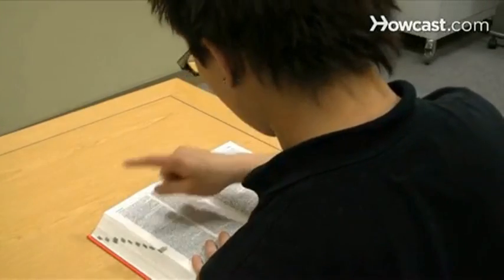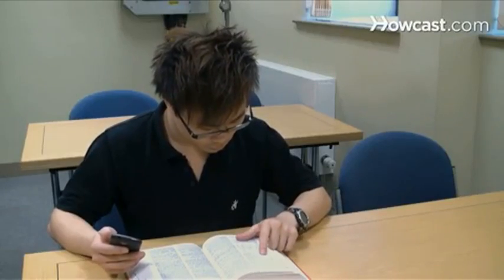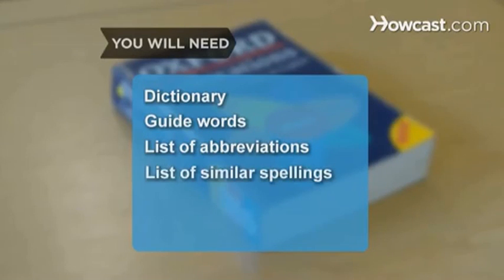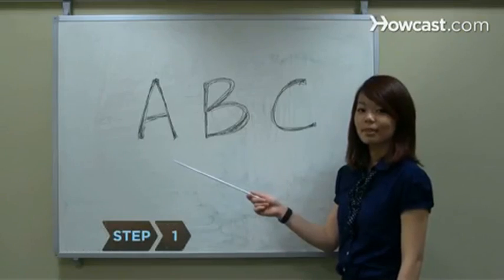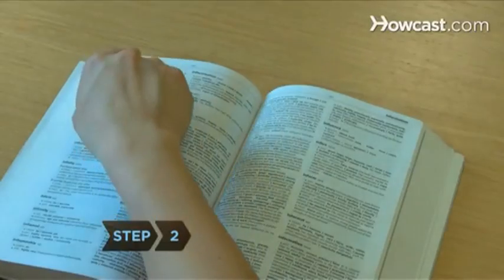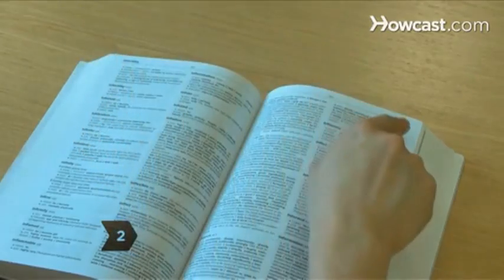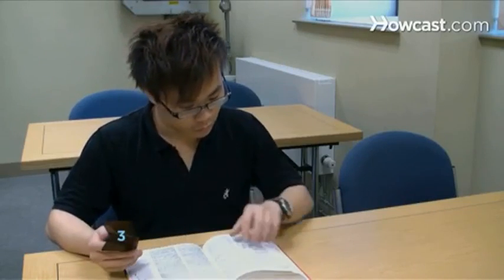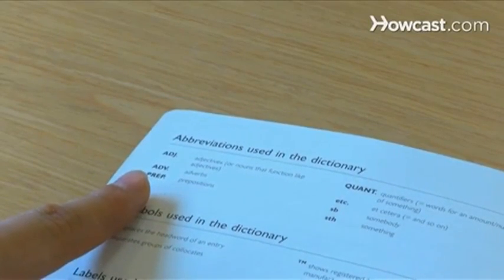A dictionary is one of the most valuable tools available for improving your English language skills. Here are some ways to maximize a dictionary's usefulness. You will need a dictionary, guide words, a list of abbreviations, a list of similar spellings, an appropriate definition, and pronunciation symbols. Step 1. Become adept at navigating through the alphabet. The words in the dictionary are arranged in alphabetical order, so it will be easier to find them if you can quickly recognize alphabetic order. Step 2. Note the guide words at the top of the page. These words identify the first and last entries on the page. Step 3. Consult the dictionary's front matter for a list of abbreviations and their explanations.